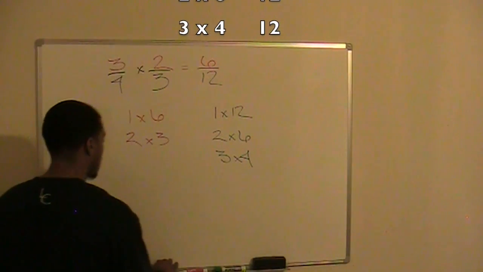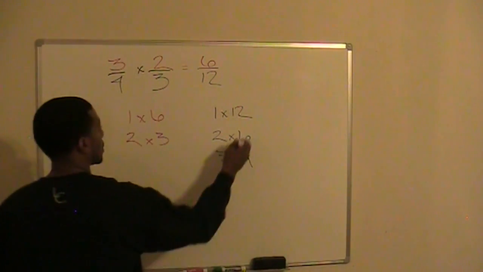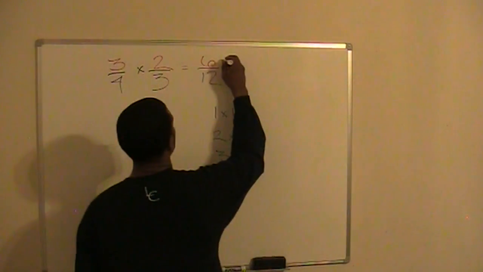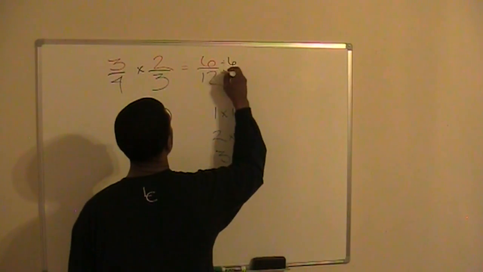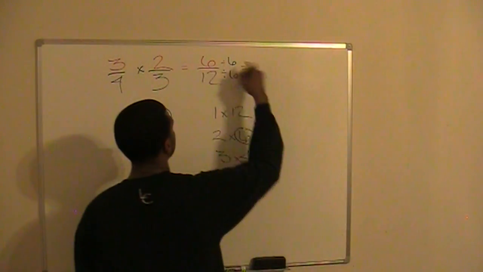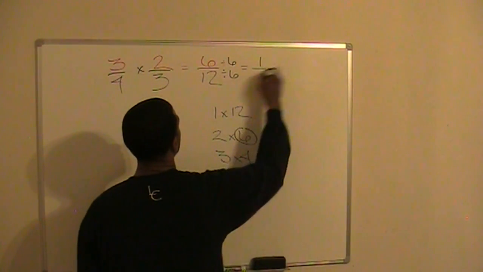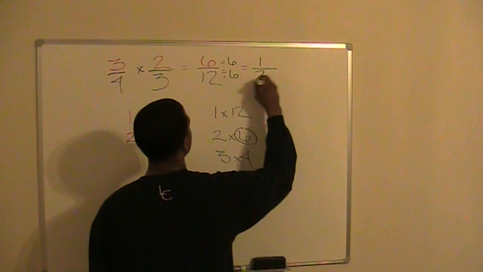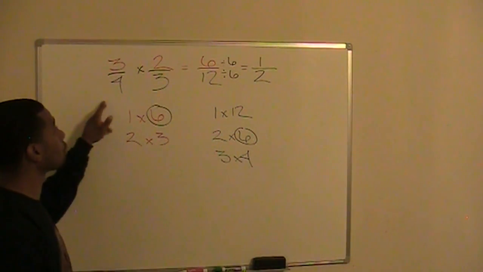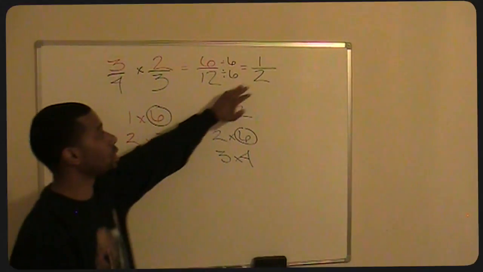If I'm looking throughout my numbers, the largest number that I have in common would be 6. So I'm going to divide both my numerator and my denominator by 6. 6 divided by 6 is 1. 12 divided by 6 is 2. So the final answer for 3/4 times 2/3 will give me 1/2.